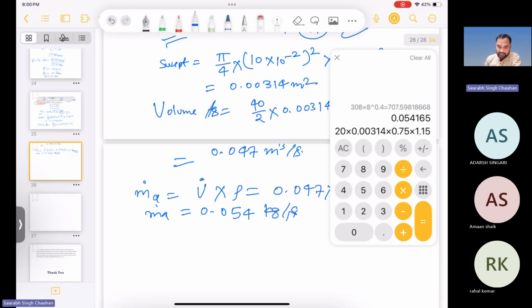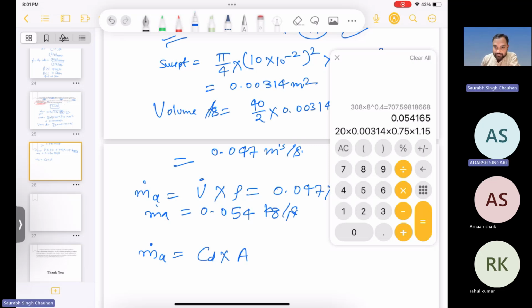So now you can use this equation. Mass flow rate will be equal to CD times area into square root of that term. Mass flow rate will be equal to CD times area. Whenever I said CD, my phone understood it as CD. No, it is not CD.